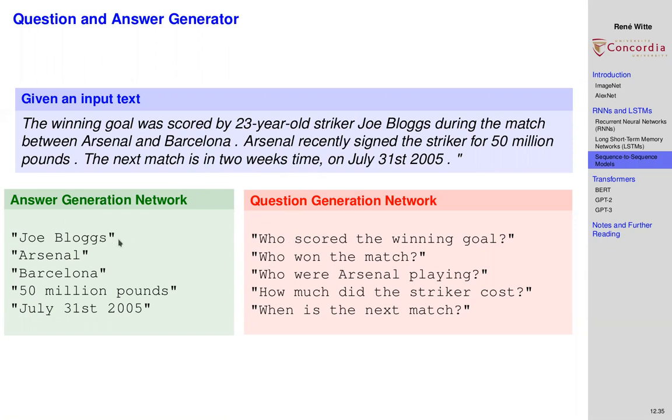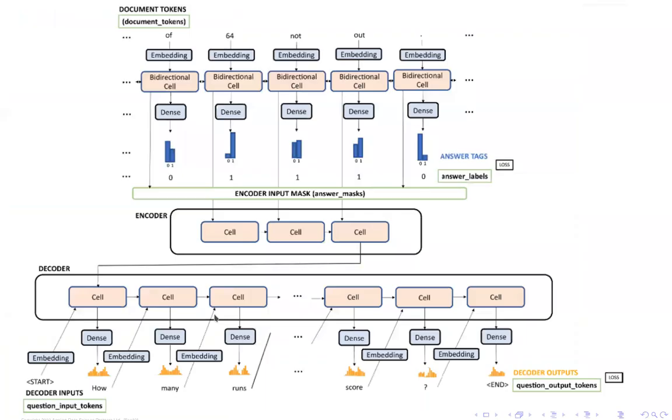So for example, Joe Blocks as the answer to who scored the winning goal, and who won the match would be Arsenal, and who were Arsenal playing? Barcelona, and so on. So it's the same kind of architecture, encoder, decoder, but we use it to generate the question and the answer pairs.